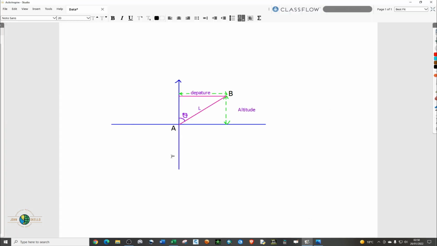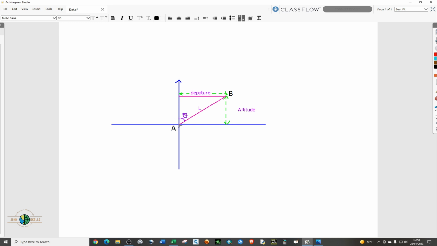So let's generate the formula. Now that we have the L distance, we want the altitude.